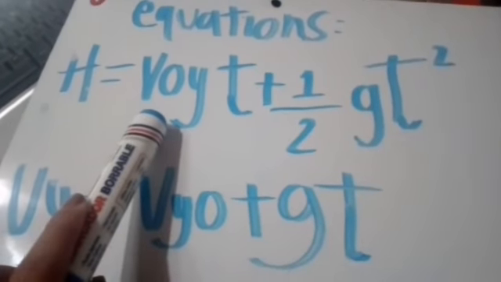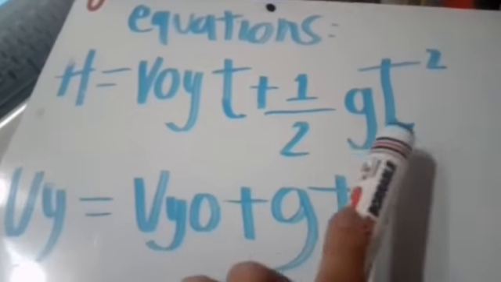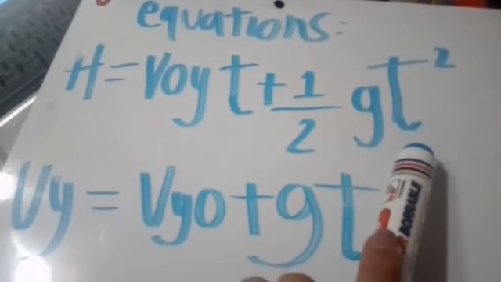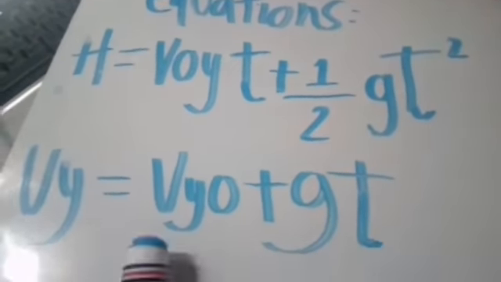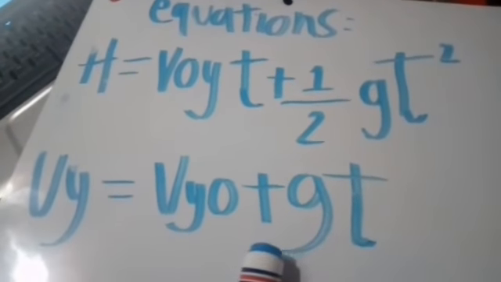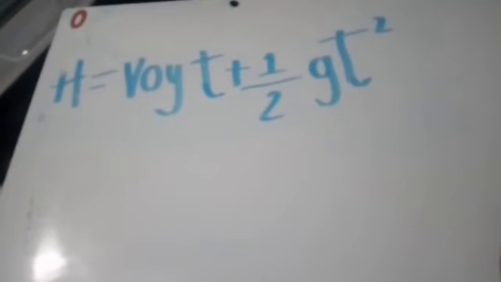This is the initial speed multiplied by the time plus 1 over 2 multiplied by the gravity multiplied by the time squared. Here, the initial speed plus the gravity multiplied by the time. We can do the letter A using this equation.